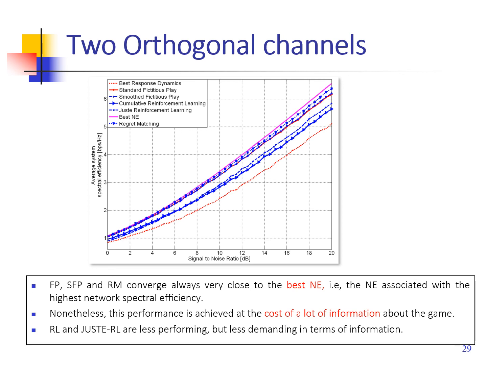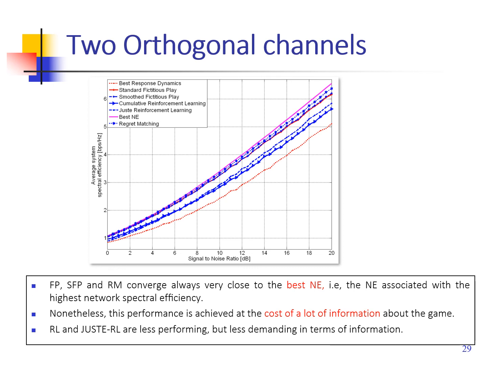You have the best response dynamics, the standard fictitious play, the smoothed fictitious play, regret matching, and then reinforcement learning, cumulative versus just reinforcement learning. We also calculate the best Nash equilibrium, which corresponds to the case where you have multiple Nash equilibria, not only one, and you pick the one that maximizes the utility. This is for two transmitters and two orthogonal channels.